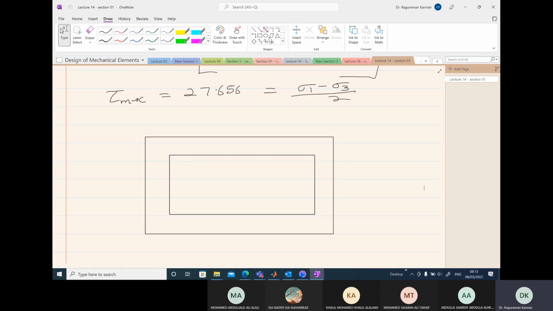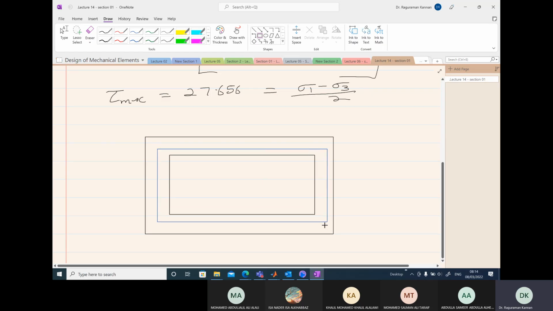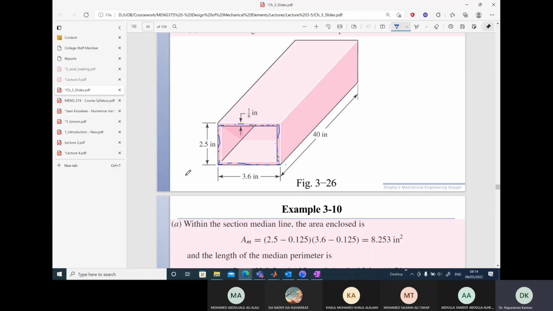And then let's draw with a different color, right in the median line with a different color here. So let's assume this is the median line. We know the thickness, the dimensions, so we need to get the dimensions of the median line.